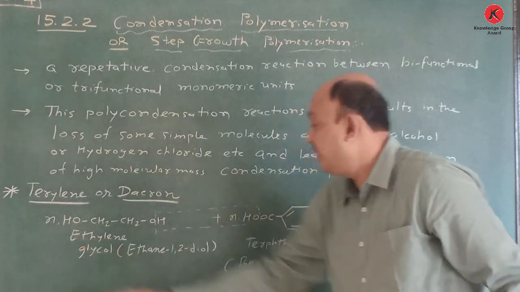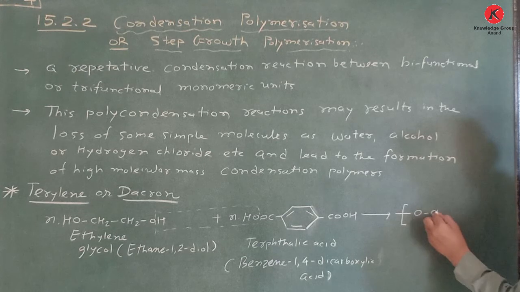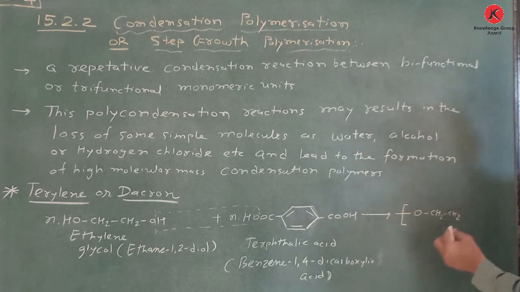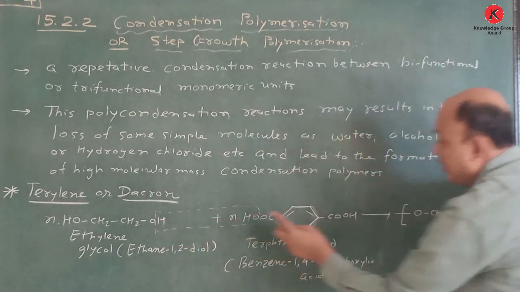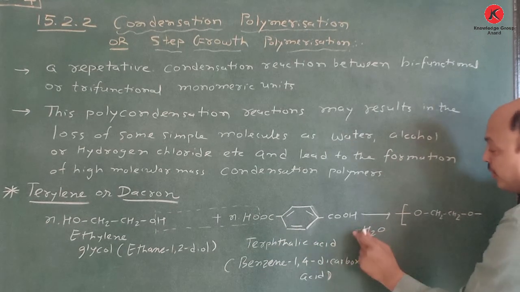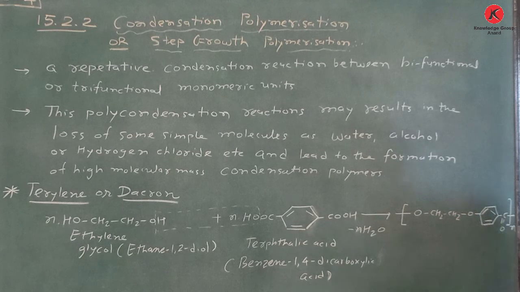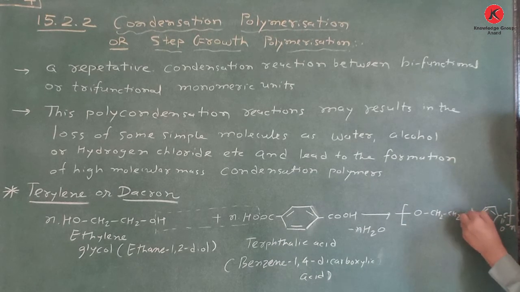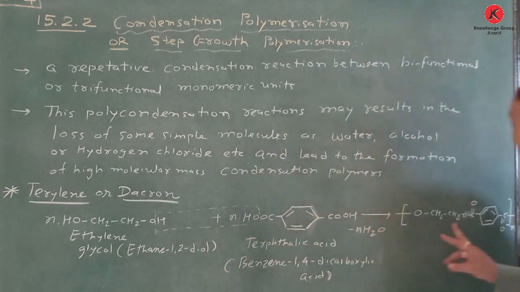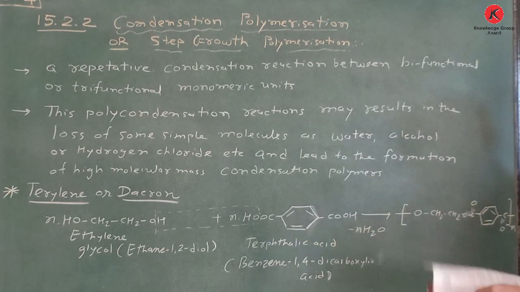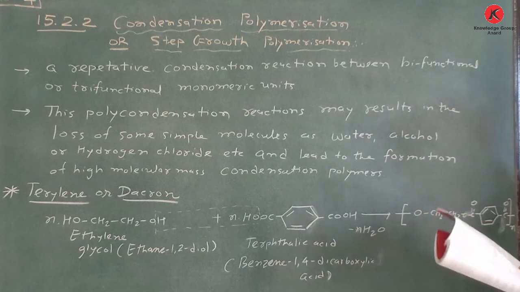Therefore here also H is removed, and that's why we write here O, then CH2, then once again O. Then you remove this one because the water molecule is totally removed, and n molecules of water are removed. Then O, and here your phenyl ring, and here C double bond O. Remember, here C double bond O is also present, so O, C double bond O, and here C double bond O. This is very important, and that is nothing but terylene or dacron.